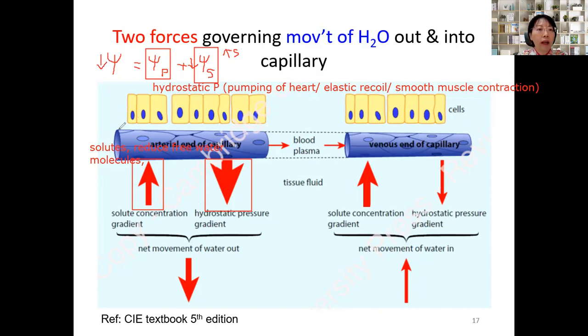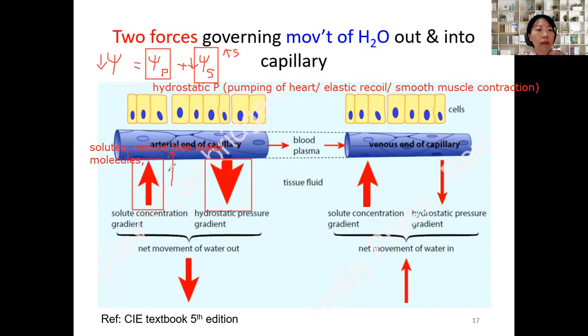The solutes inside the blood vessel will tend to reduce the water potential, so it will drive water from the tissue fluid to move into the blood plasma because of a lot of solutes here that tend to decrease water potential.